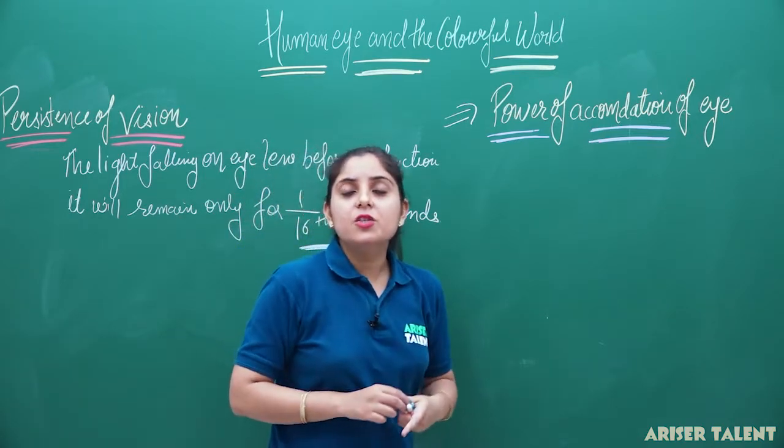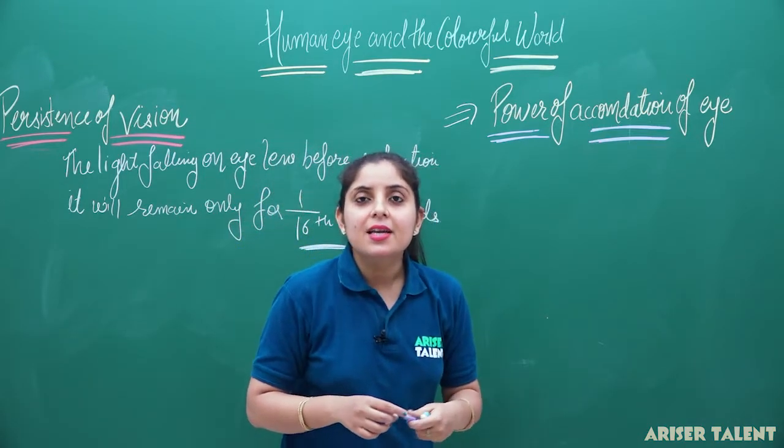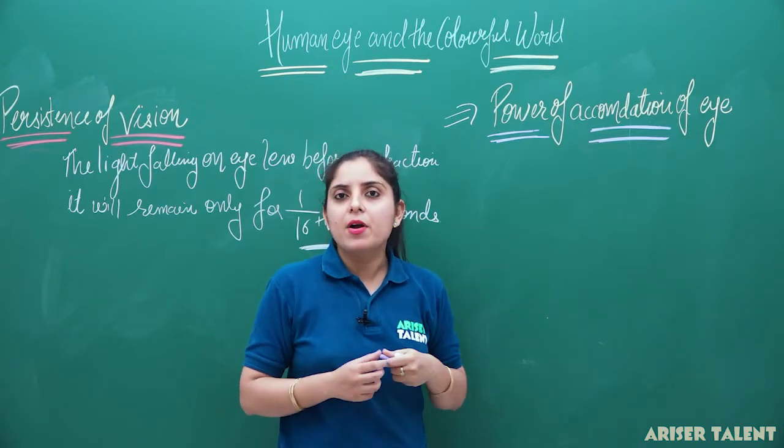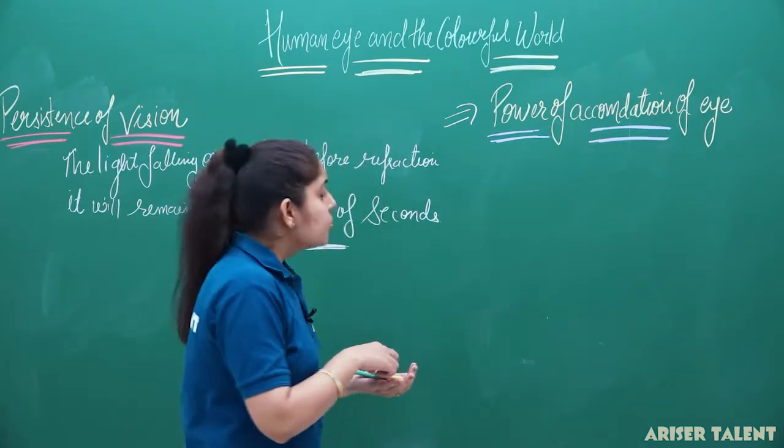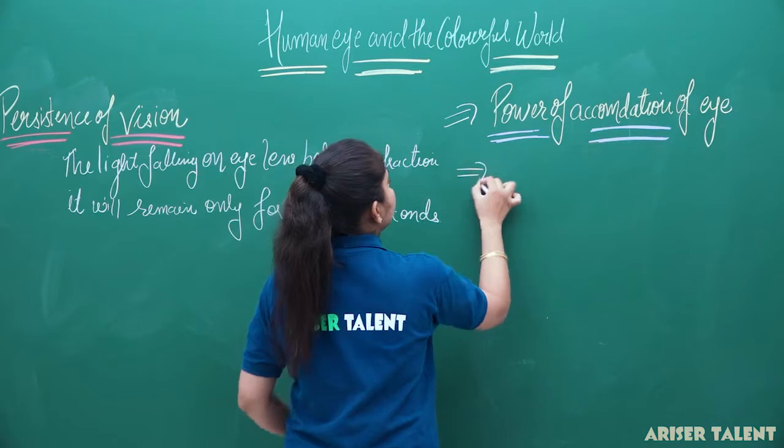If the focal length is going to be increased or decreased, that will be known as the power of accommodation of the eye. So what is the power of accommodation?